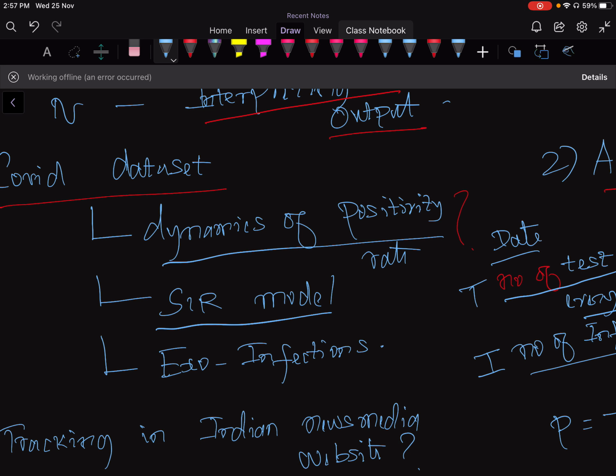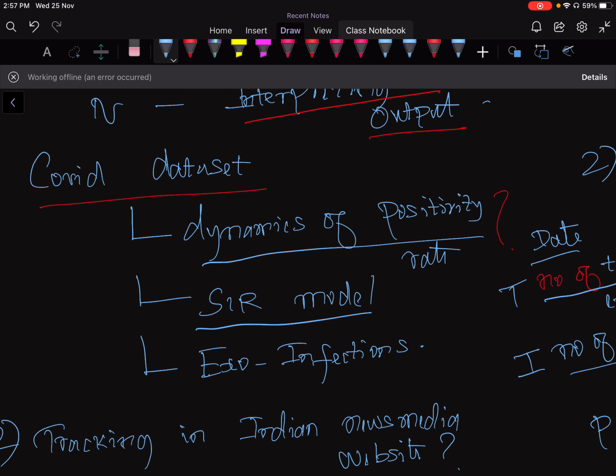This is well studied in social network analysis, which I'm planning to offer in the next semester. So interested people can take that. This SIR model talks about three kinds of sets actually. S is for susceptible. Okay, so susceptible.